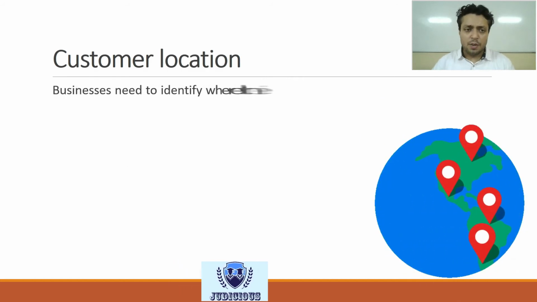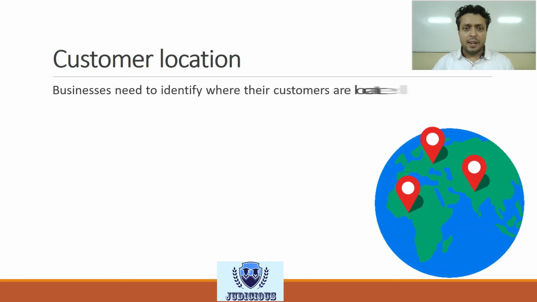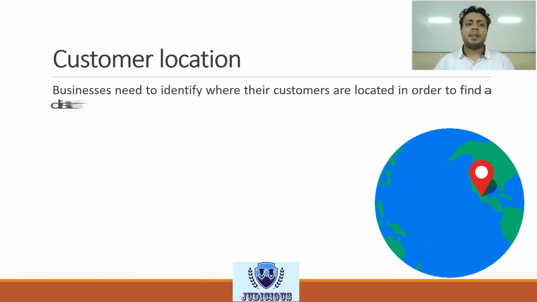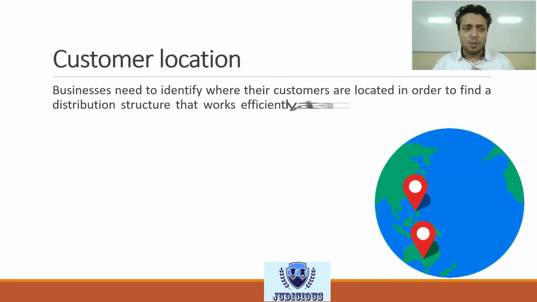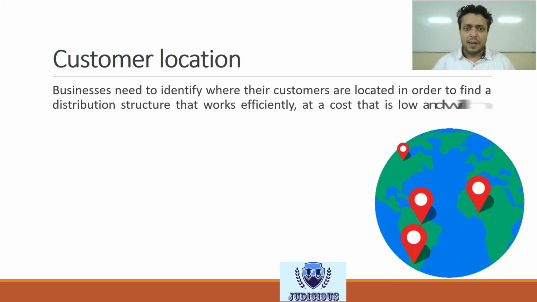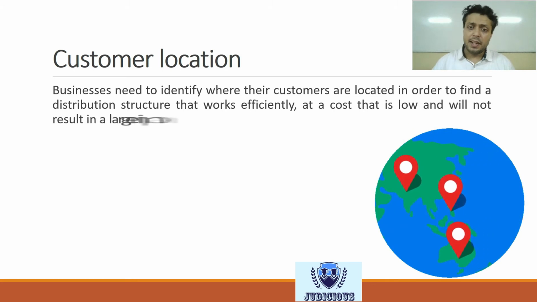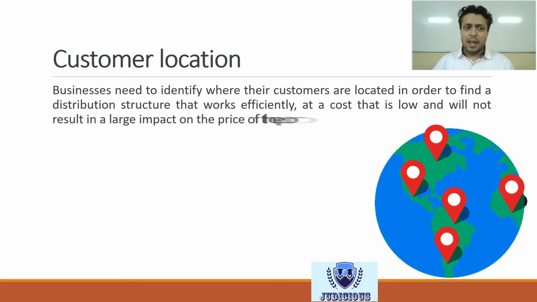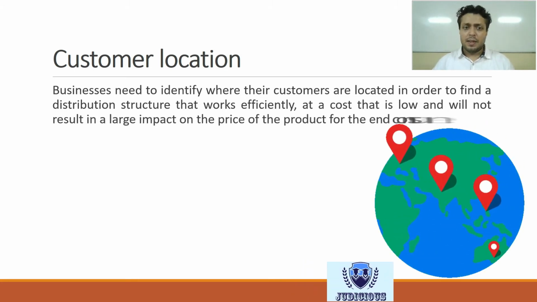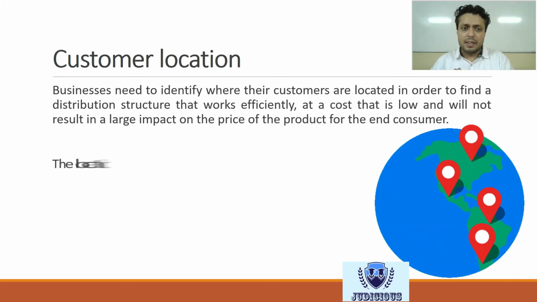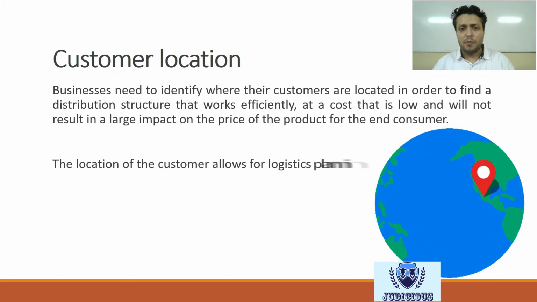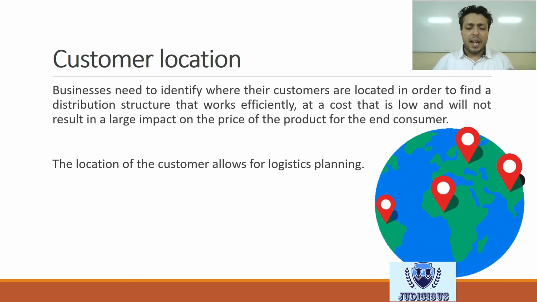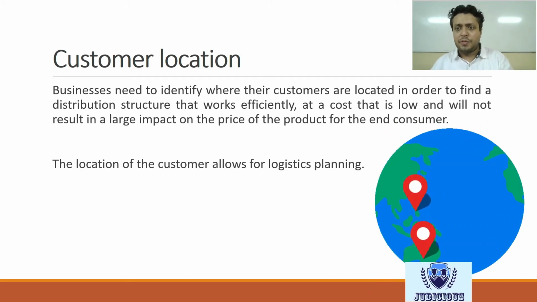Businesses need to find and identify where their customers are primarily located, so that they can find a suitable distribution structure that works effectively in terms of cost, as well as does not impact the overall price of the product. If the distribution cost is more, then obviously the producers will add that cost into the final price of the product.